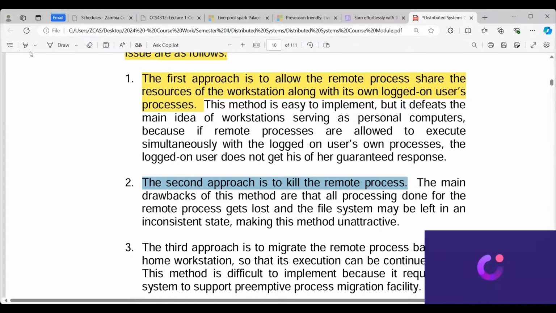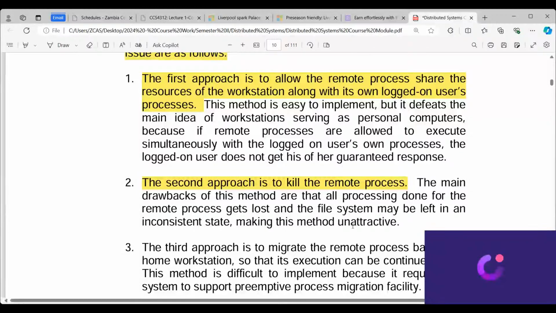The main drawback of this method is that all processing done for the remote process gets lost, and the file system may be left in an inconsistent state, making this method unattractive.